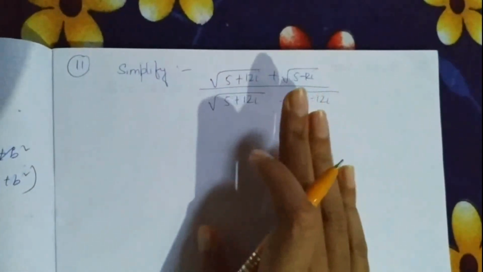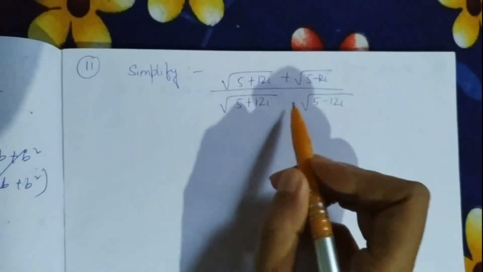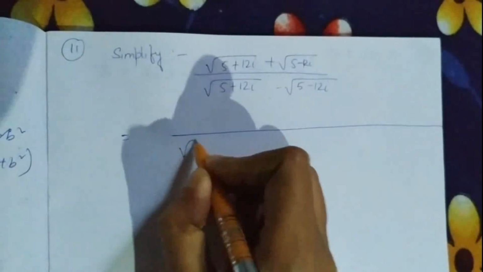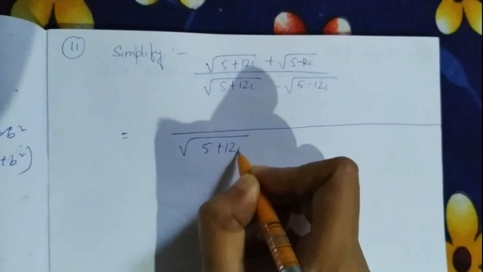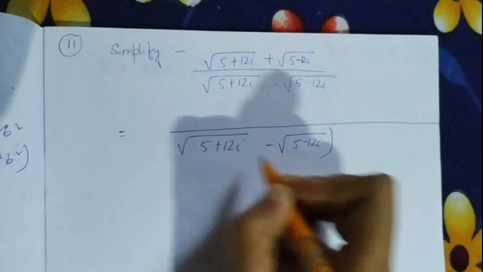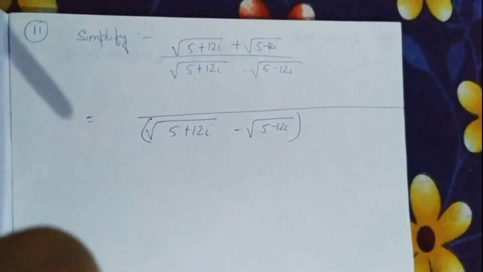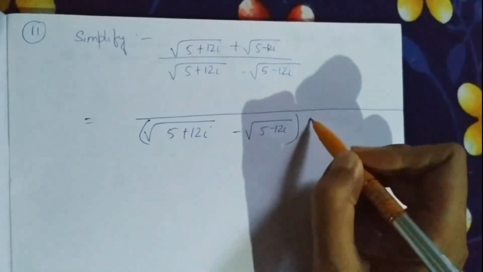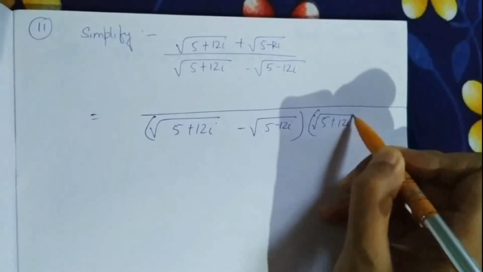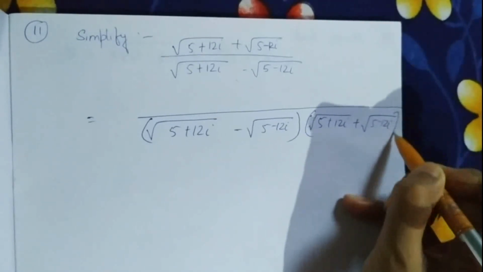Simplify. Question number 11, simplify. So you see root of 5 plus 12i minus root of 5 minus 12i. So, 5 plus 12i root of plus root of 5 minus 12i.